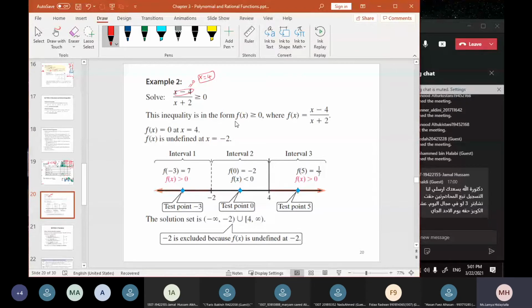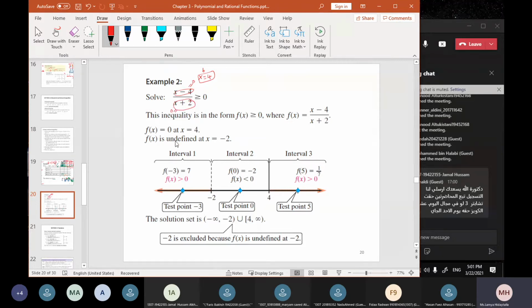So is it only 1 point? Also, if the function is not defined at a certain point, you also have to include it as well. This function is undefined when this one is equal to 0, correct?